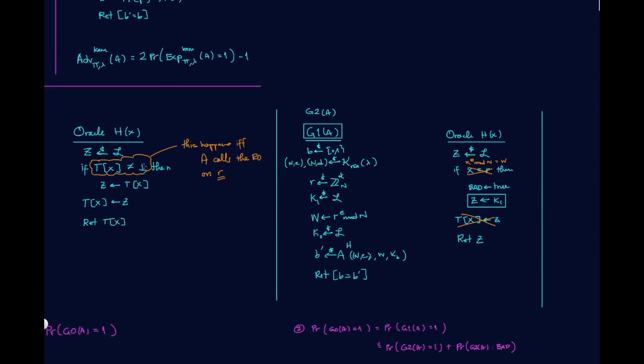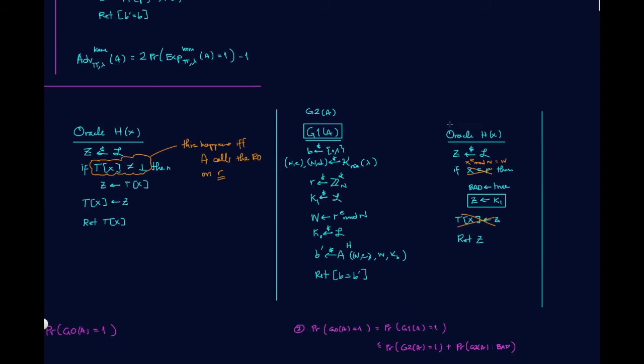That was, we realized over here, the only way that this thing gets set. But x being equal to R means if you take x and raise it to the e mod n and you take R and raise it to the e mod n, well, R to the e mod n is w. So we actually can do this check by taking x, raising it to the e mod n, and comparing it to w. And this is important because now maybe we actually can write down an RSA adversary that can simulate this game G2.